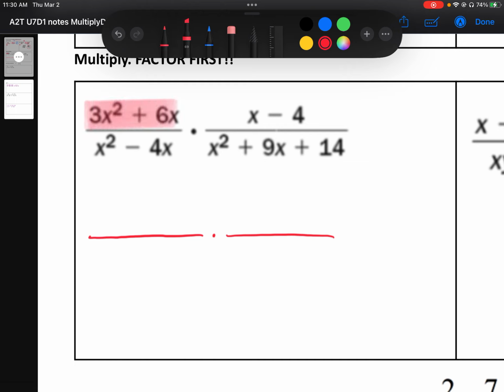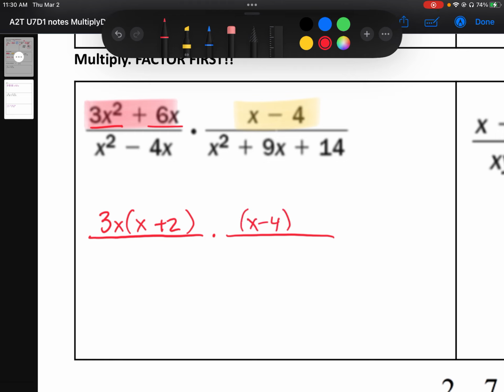First, 3x squared plus 6x. I can divide both of those by 3x. So 3x squared divided by 3x is 1x, or just x. 6x divided by 3x is 2. Now let's take x minus 4. It cannot be simplified, so I'll just write x minus 4.